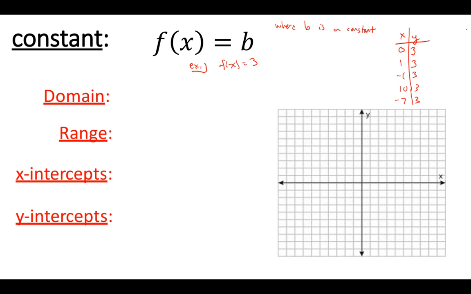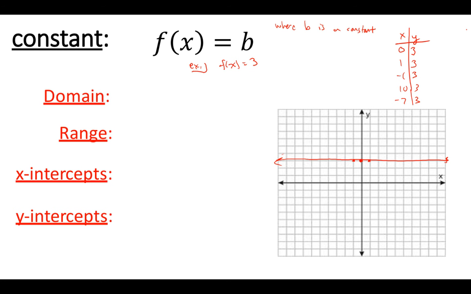Because there's no actual place to plug in an x, no matter what we plug into this thing, we just get a 3 out. So that means 0, 3 will be here, 1, 3. It's just going to end up being a straight line across 3. So that's the same thing as y equals 3, because remember, f of x can be switched out with y. So that's like the line y equals 3.